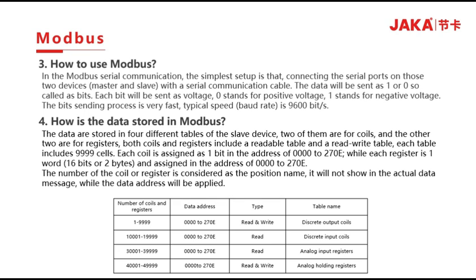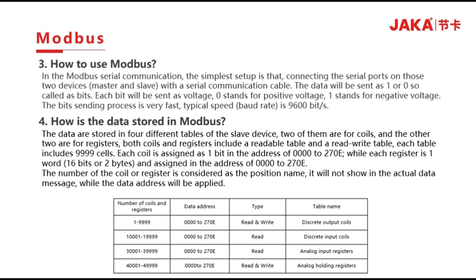How is the data stored in Modbus? The data are stored in 4 different tables of the slave device. 2 of them are for coils and the other 2 are for registers. Both coils and registers include a readable table and a read-write table. Each table includes 9,999 cells.